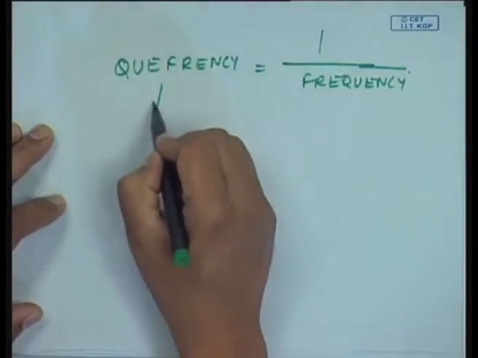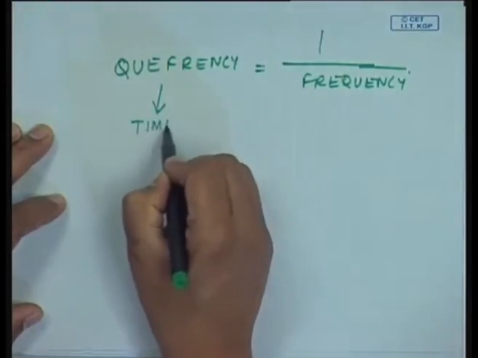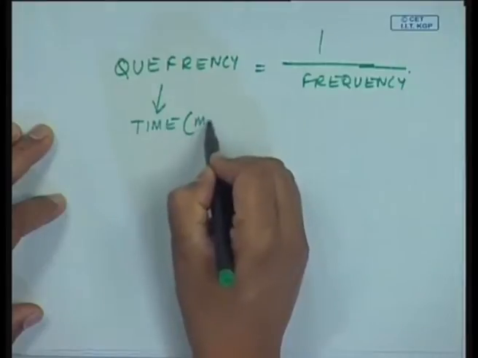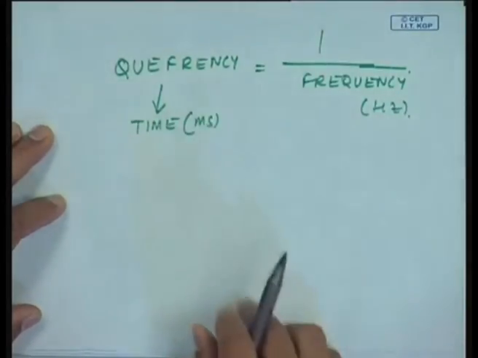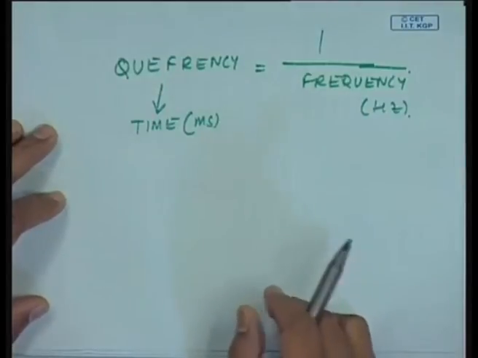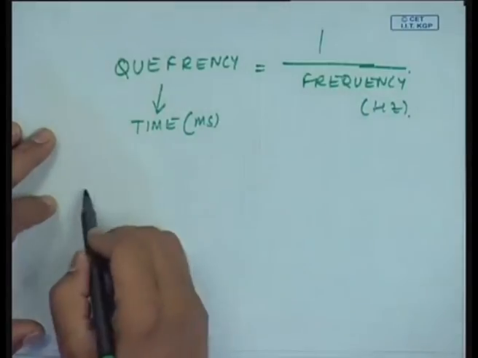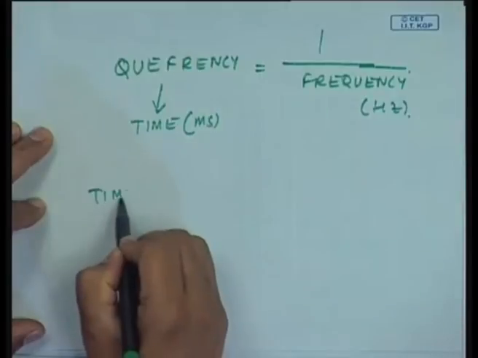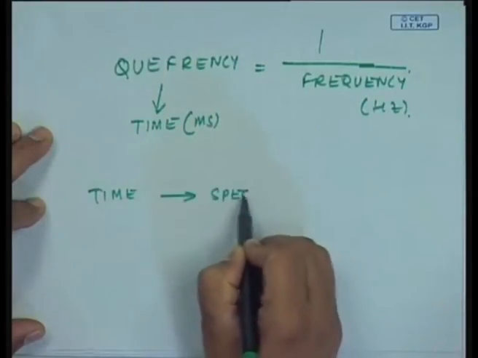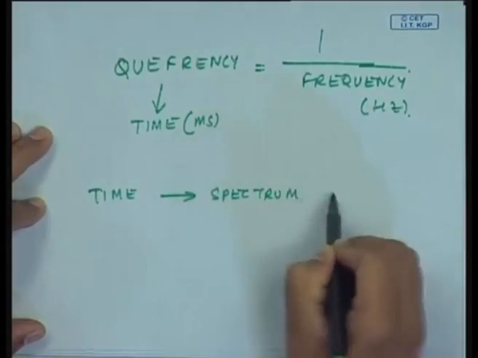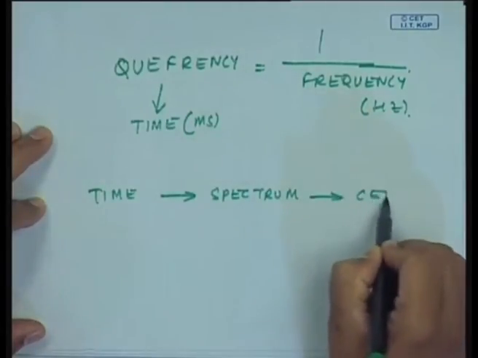So, Q frequency is in the time domain, usually in milliseconds, and this is in hertz. So, there has to be an inverse relationship. So, we have time to spectrum to Cepstrum.